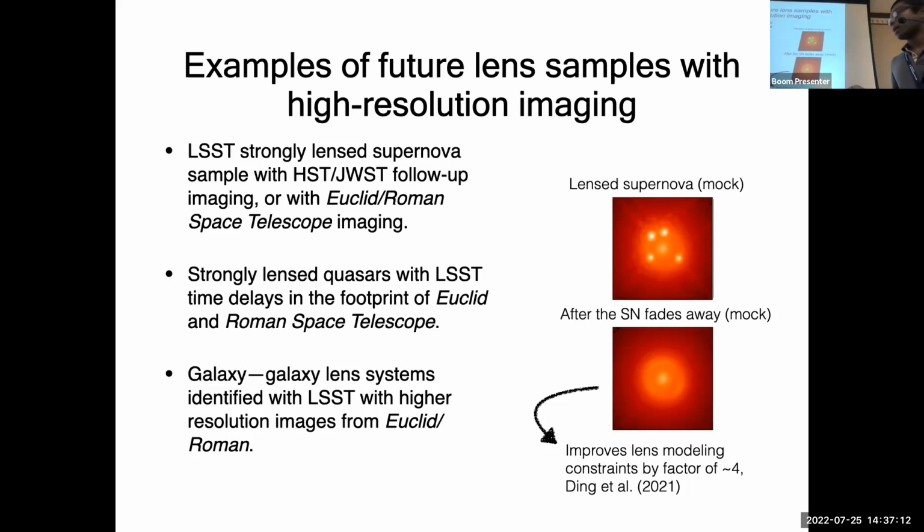And here we see more of the arc, not outshined by the bright supernova. This helps in the lens modeling, and actually Ding et al. show that the lens model constraints improve by a factor of 4 if we have follow-up imaging after the supernova fades away.